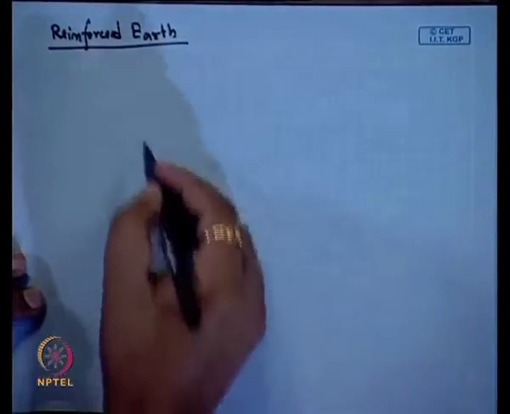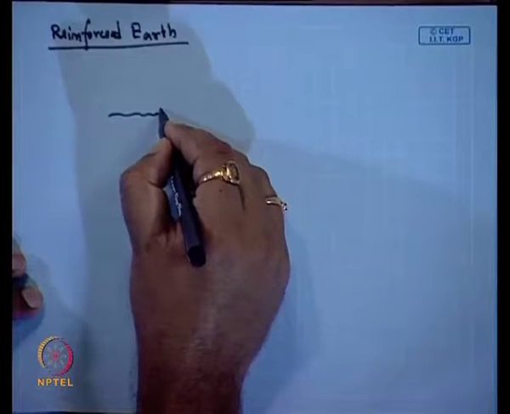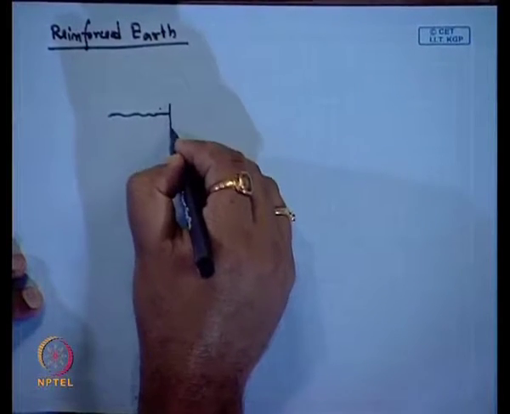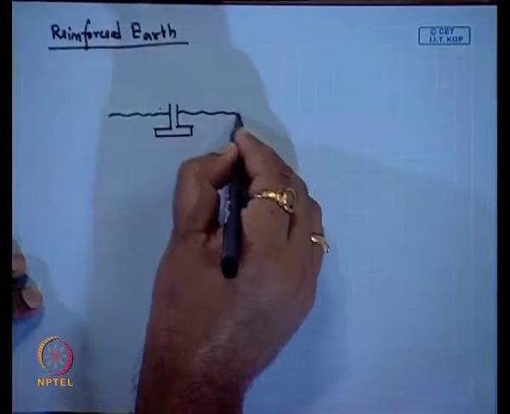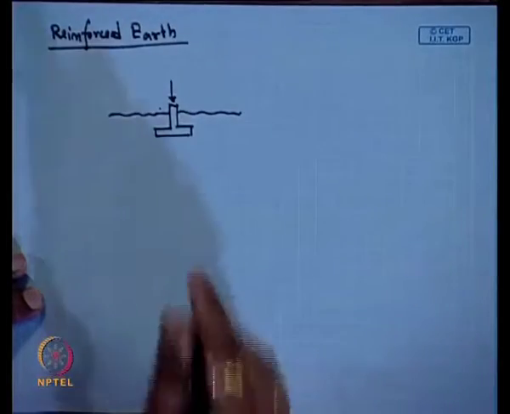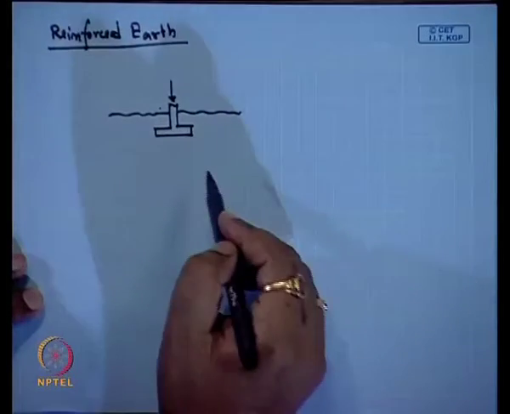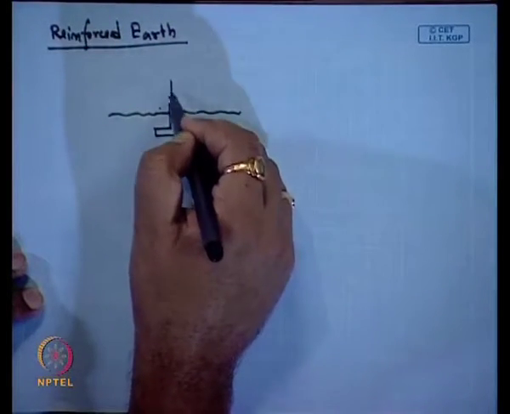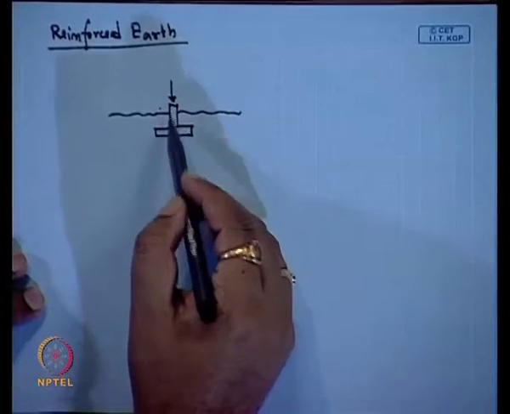Now, reinforced earth means, suppose we have this existing ground and on that ground this is the foundation. Suppose this soil is not suitable to take the load coming from the superstructure through this foundation.